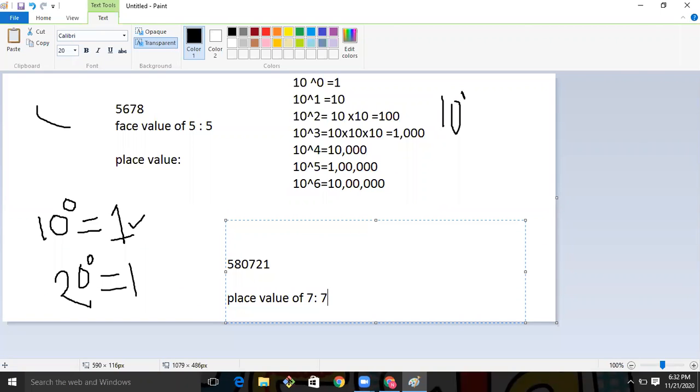What is the digit here? 7. 7 into place. What is the place it has? 10 power 0, 10 power 1, 10 power 2. So 10 to the power of 2. So what is the value? 7 into 10 power 2, 10 power 2 means 100. Totally it is 700.